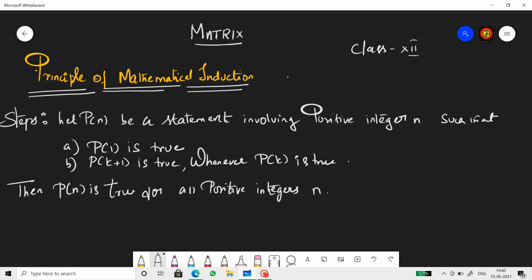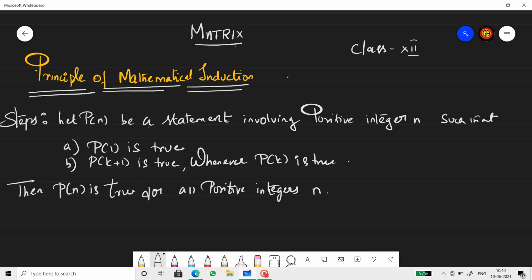Okay, so let's see the steps first before we start the sums. Steps for that: let P of n be the statement involving positive integer n such that P of 1 is true. Well, PMI is a chapter that all of you must have done in 11th standard, isn't it? So this one is the same thing.